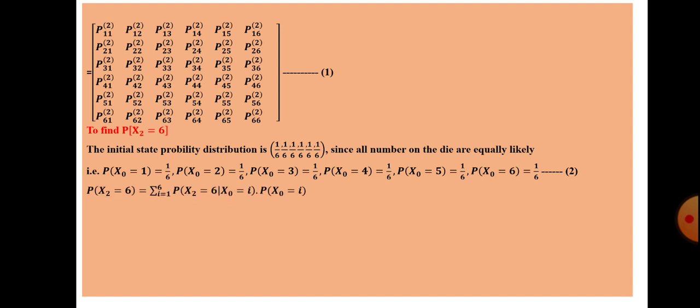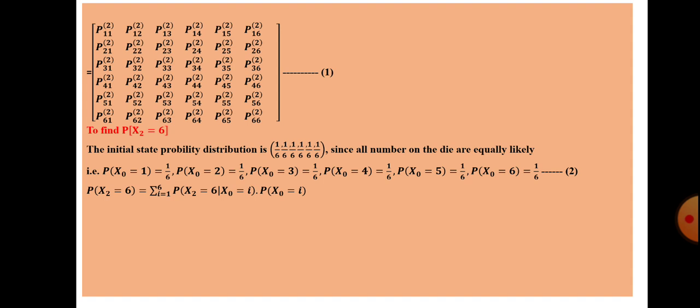Now x2 equal to 6, from the definition of the chain rule, is the sum over i from 1 to 6 of probability of x2 equal to 6 given x naught equal to i, into probability of x naught equal to i, where i takes the values 1 to 6, all chances are there.